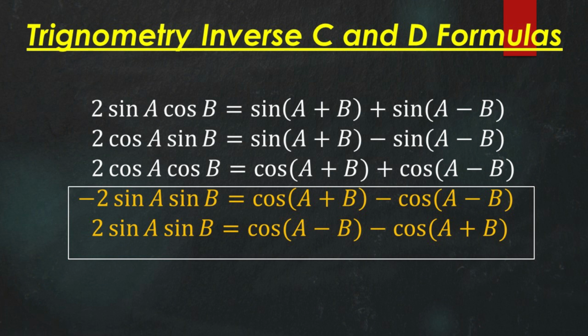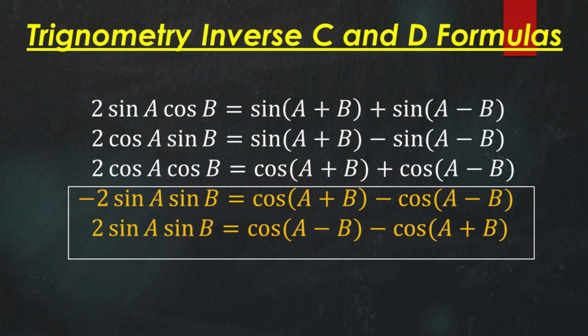So this is the first equation. And the second one, 2 cos A sin B, equals sin(A plus B) minus sin(A minus B). And the third one, 2 cos A cos B, is cos(A plus B) plus cos(A minus B).